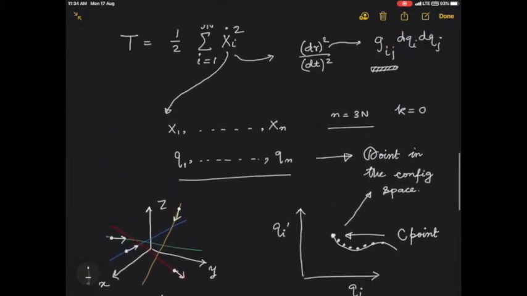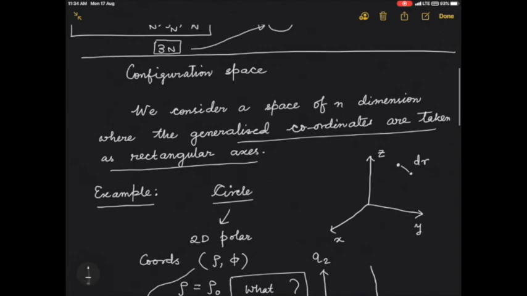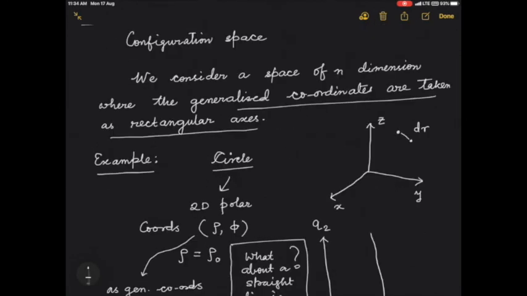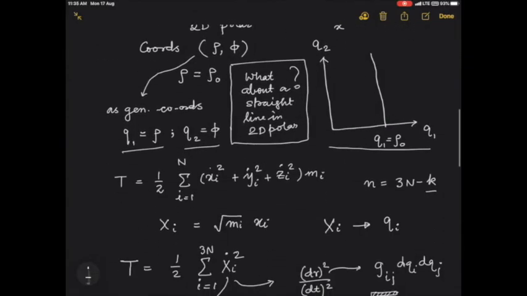Okay, so we realize many things. First of all, we defined a space which we call the configuration space, which has n dimensions, the maximum number of independent variables, or degrees of freedom of the dynamical system. We said that we'll consider the generalized coordinates and take them as rectangular axes of a space that will induce a geometry on the space. We'll call this the configuration space.